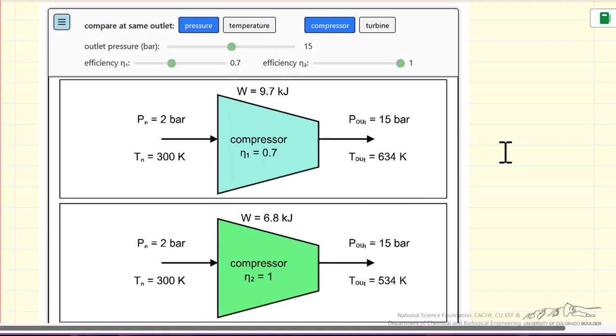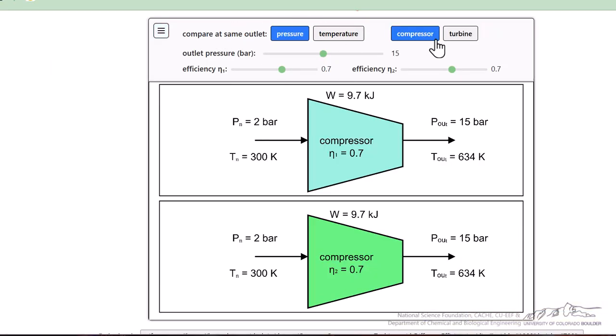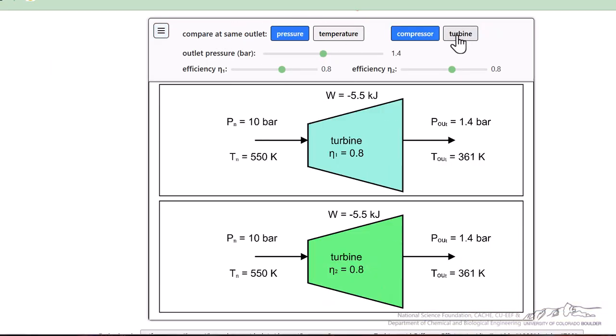So let's look at the interactive simulation. So here is the simulation, and we can, for example, select turbine and compare, say, efficiency 0.7 with the efficiency of 1, reversible. So we compare to the same outlet pressure, and the turbine's doing work.